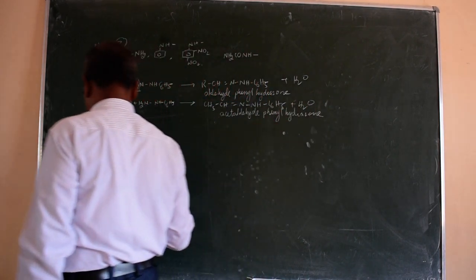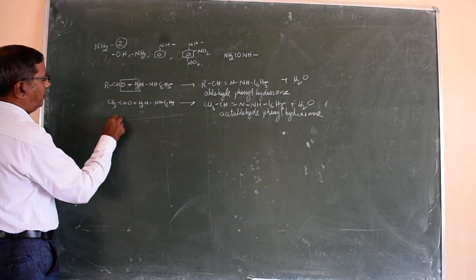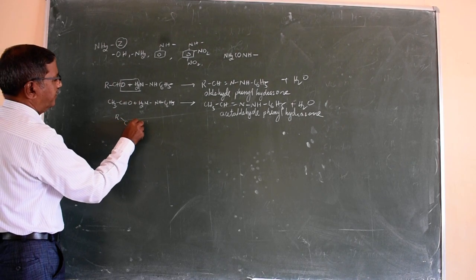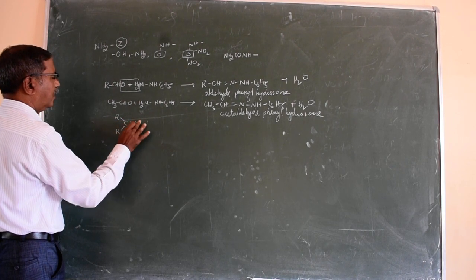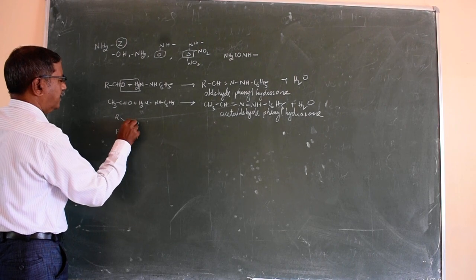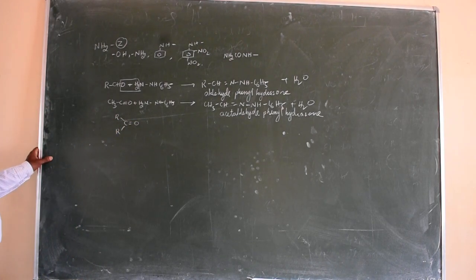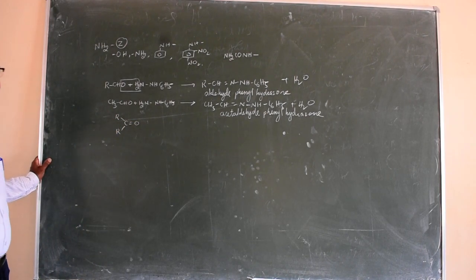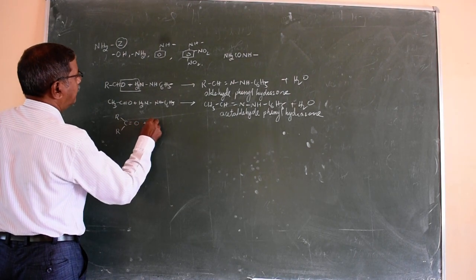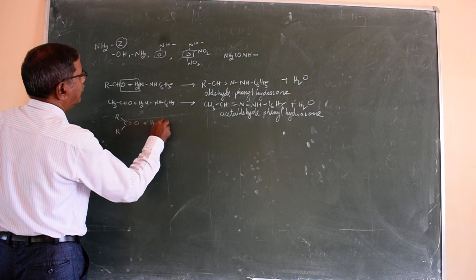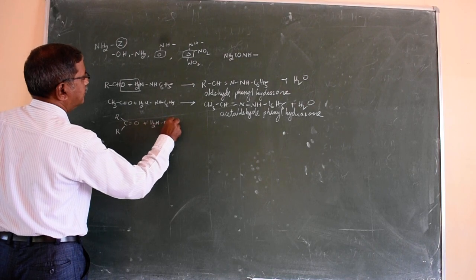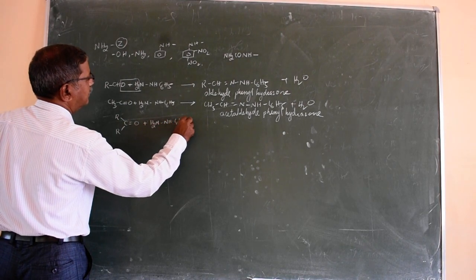Well, if it is a ketone, we know the formula for ketone is R C double bond O R or R dash. If both are identical, we can write R for both. If different, you have to write R and R dash. And phenylhydrazine NH2NHC6H5.